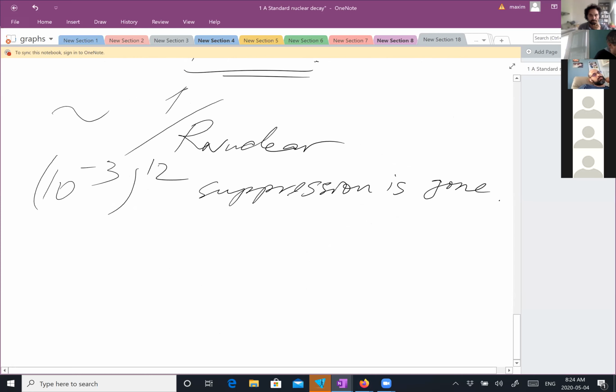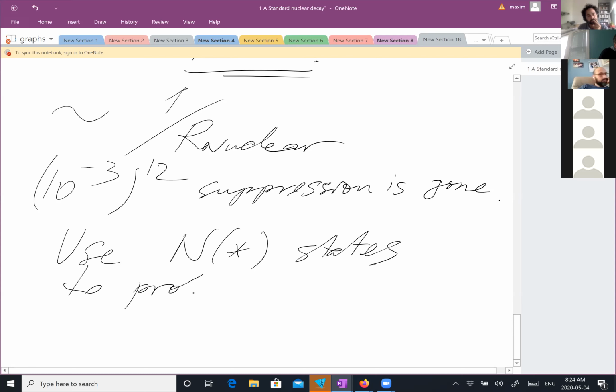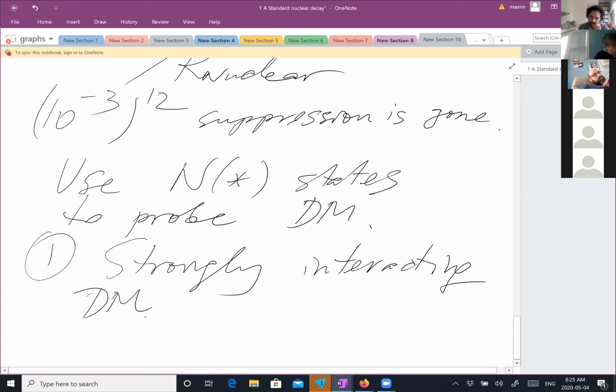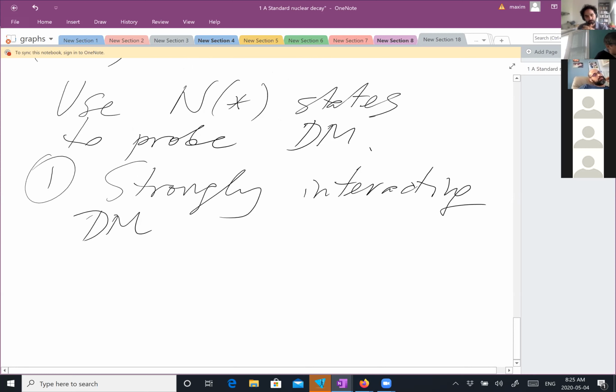So then our idea is to use these N star states to probe dark matter. And one example is this strongly interacting dark matter, dark matter that may be already slowed down by the intervening material, and it moves very slowly in the lab, but it does have a potential for the metastable nucleus to recoil against and de-excite.